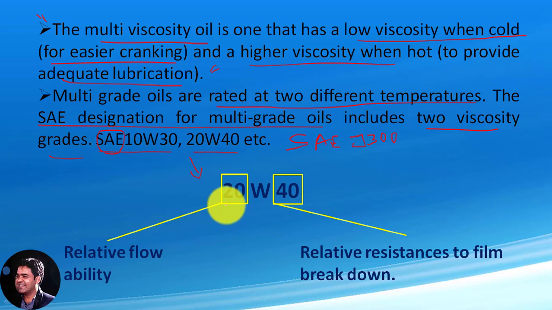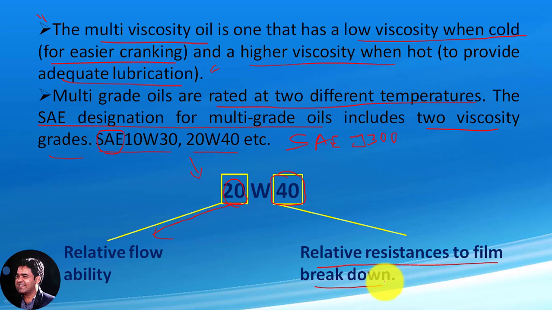The first figure, this 20, indicates the relative flowability. You can say that this engine oil has a viscosity equal to the single grade 20 engine oil at cold weather conditions, and simultaneously the other number indicates the relative resistance to film breakdown.